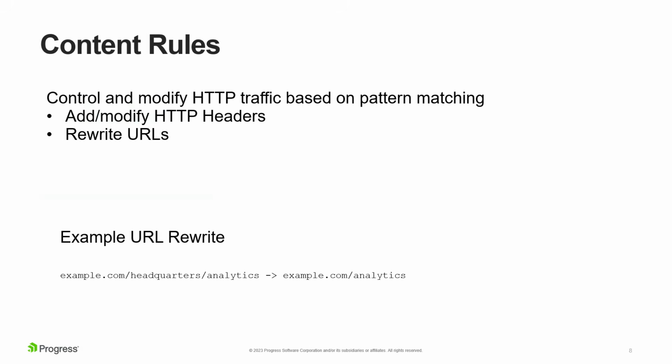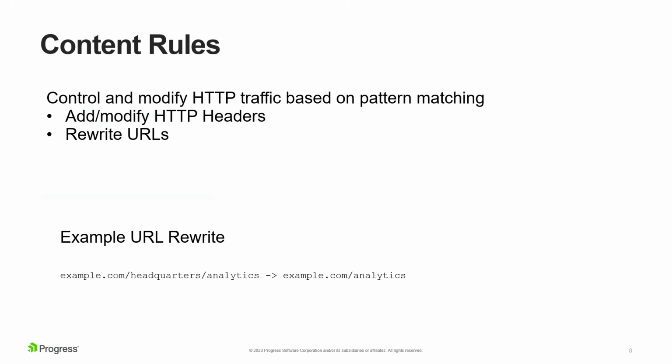Another thing you can do with content rules is rewrite URLs. There are a lot of reasons you'd want to do that. Sometimes it's just to clean up the URLs, sometimes there may be long paths in there, or sometimes it's to obfuscate what's happening behind the scenes.